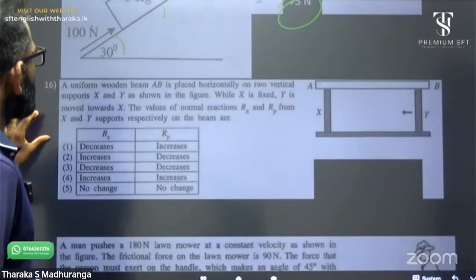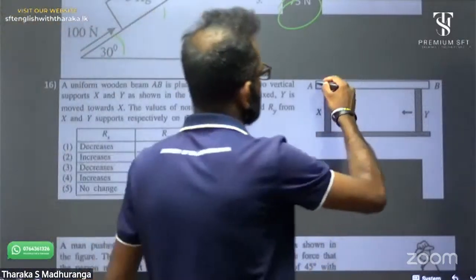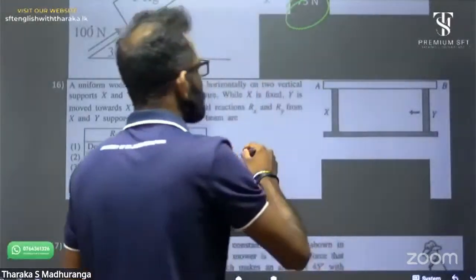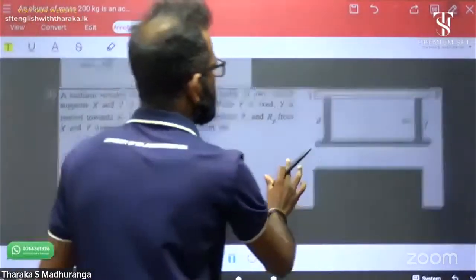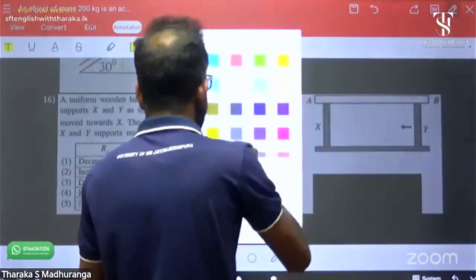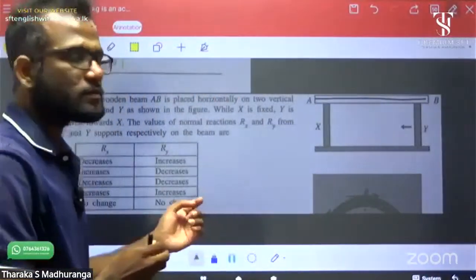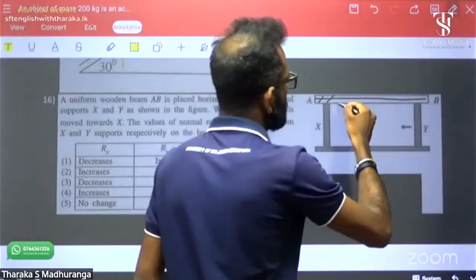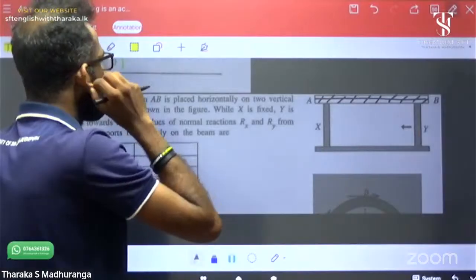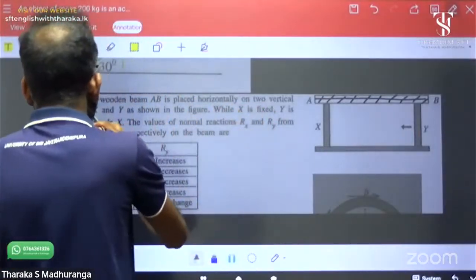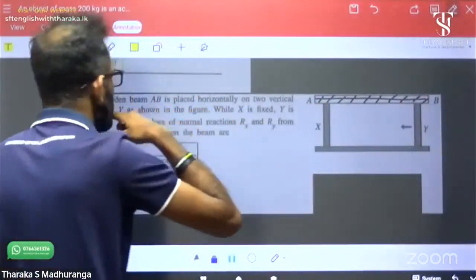As I think this is 2015. A uniform wooden beam AB is placed horizontally. Yes, AB is a horizontal rod, placed horizontally on two vertical supports X and Y, shown in the figure.